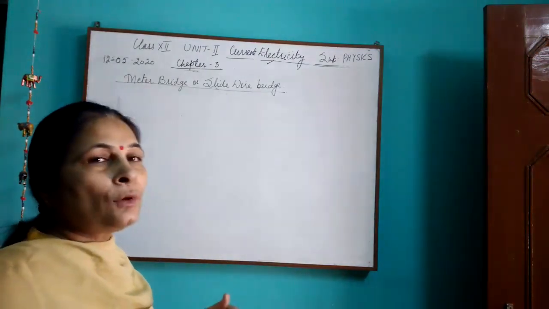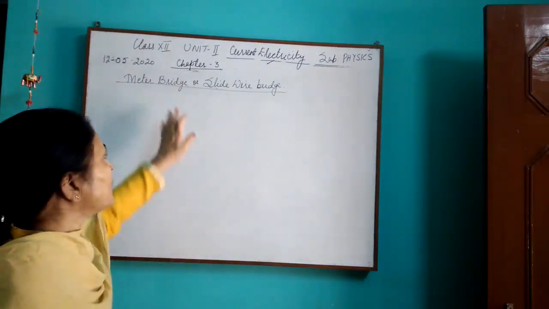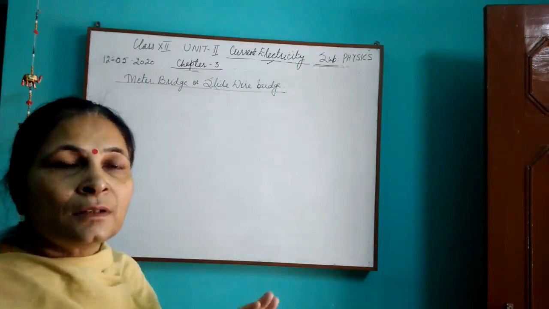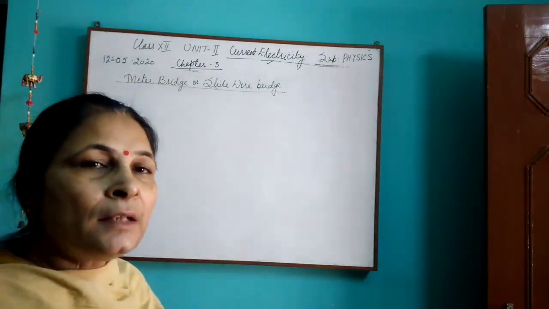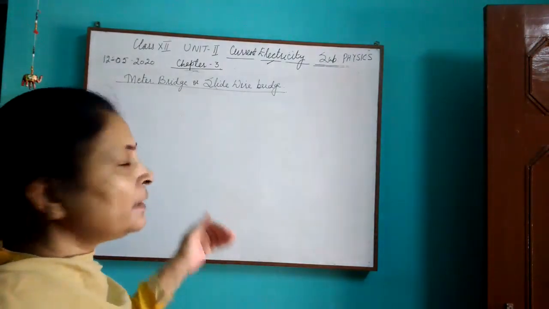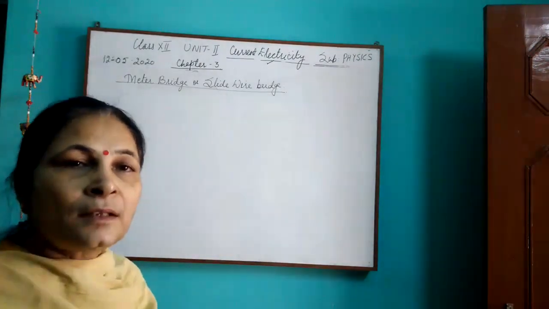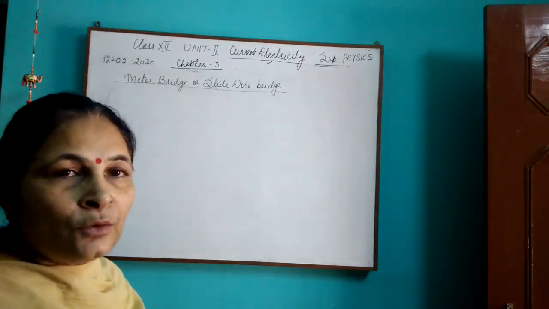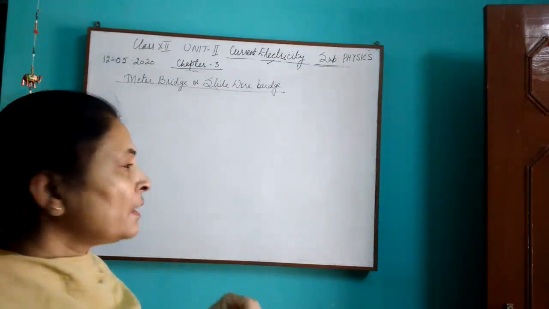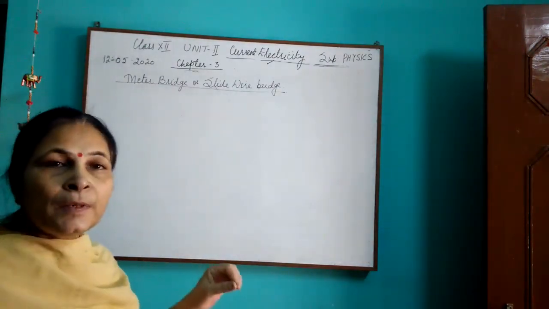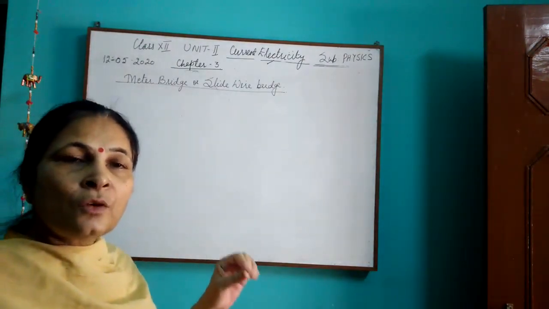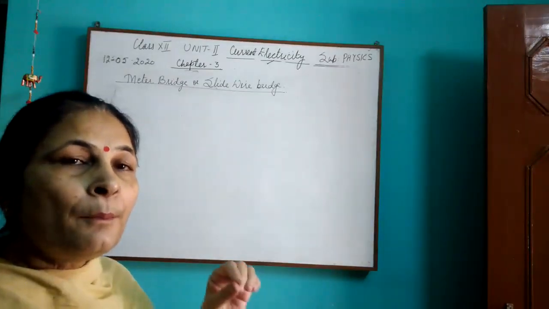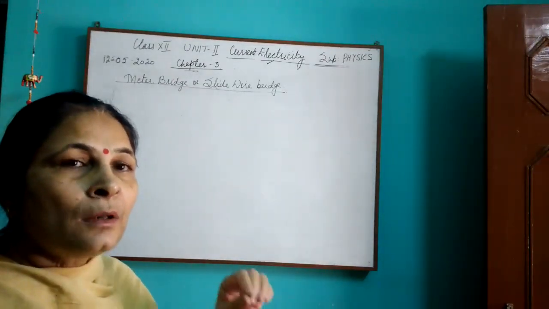So what we will be talking about today is the construction of meter bridge. That is not to be learnt as such, because from the figure itself you can write the construction. I'll explain how this is constructed. Then the principle: it works on the principle of balanced Wheatstone bridge.